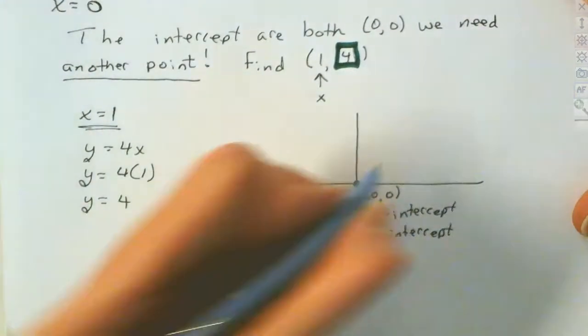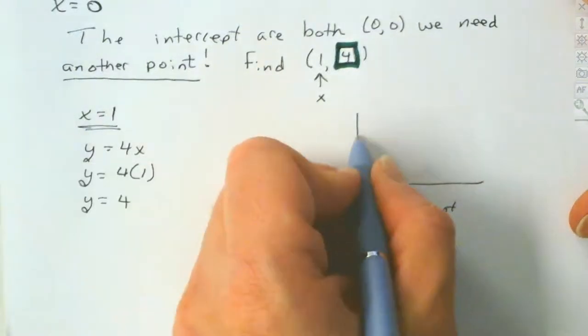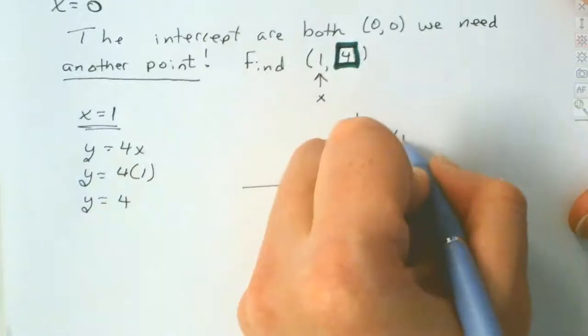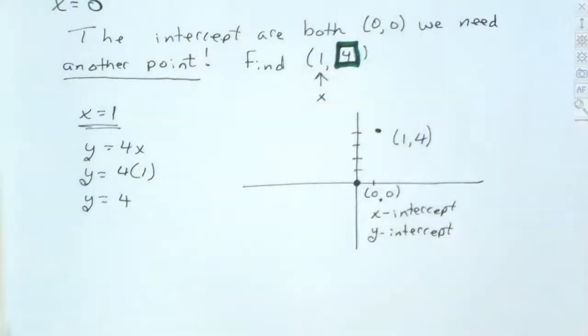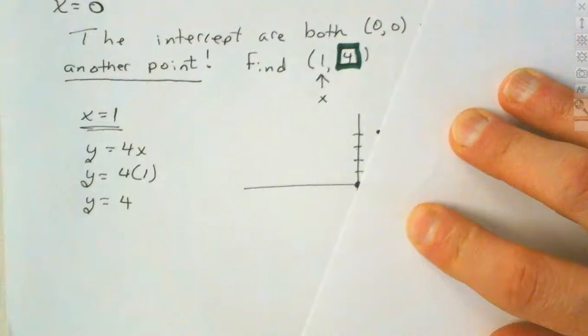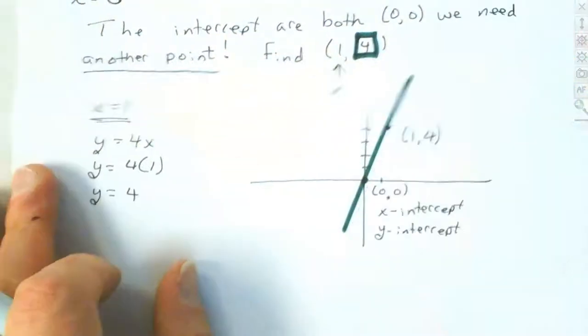My next point is over 1 and up 1, 2, 3, 4. So it's going to be right about there at 1, 4. Do I have enough to connect them together now? Yep, I do, because I can take a ruler, straight edge, whatever you have, line them up, and you can now draw your line. And there it is.